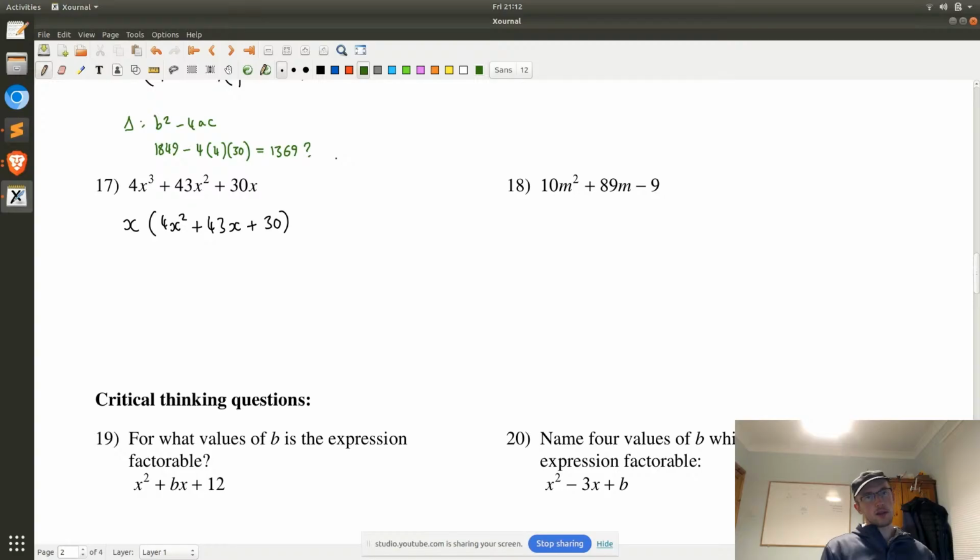And for the squares there, it's going to be under 30. So about 37, let's check 37 squared. That's 900 plus 420 plus 49. So that's 37 squared, so it is factorizable, or factorable, as they appear to say.